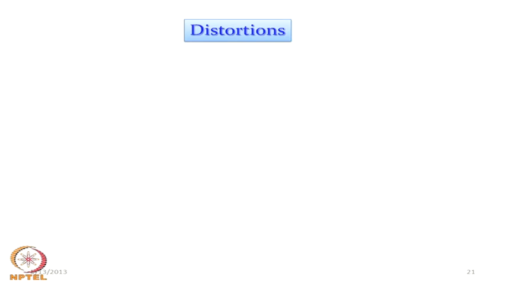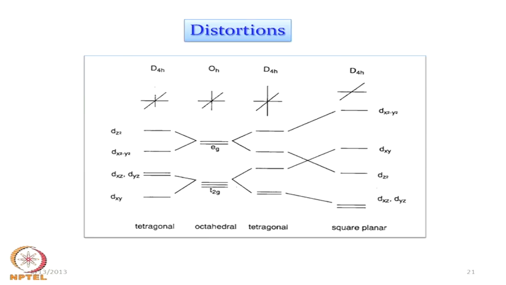Now we just move on to the different types of distortions that we can have from a regular geometry. For octahedral geometry, we find that all the ML bonds are the same.